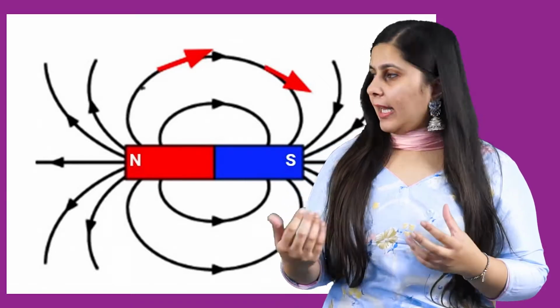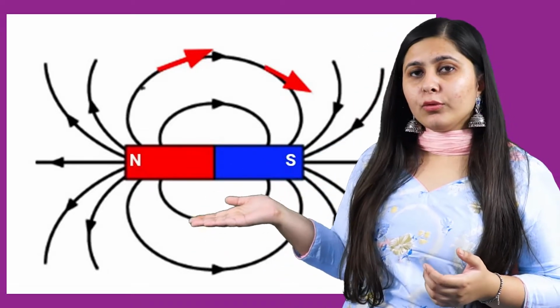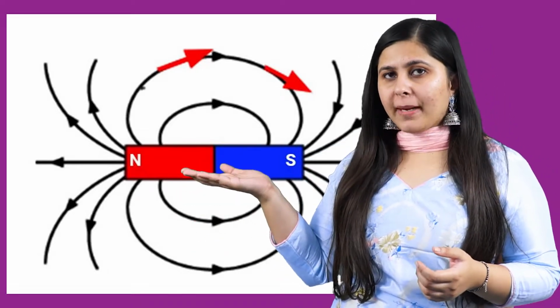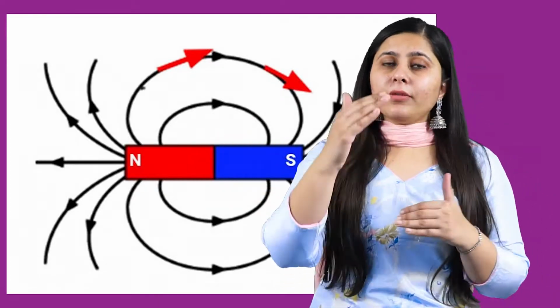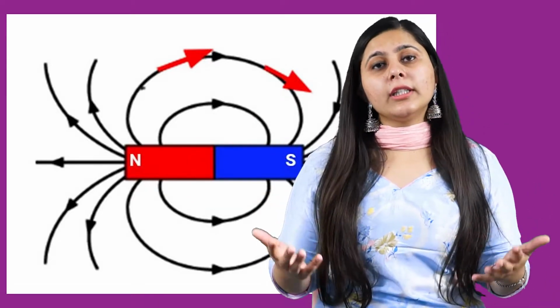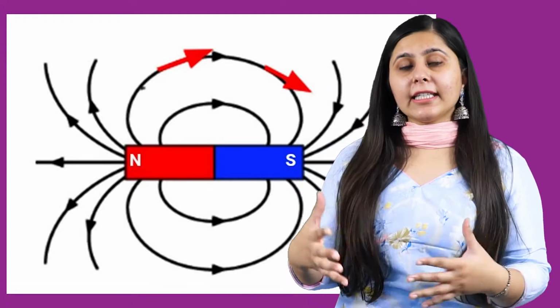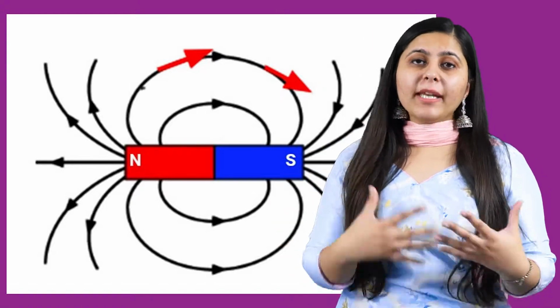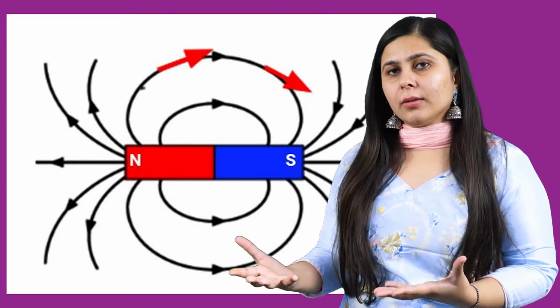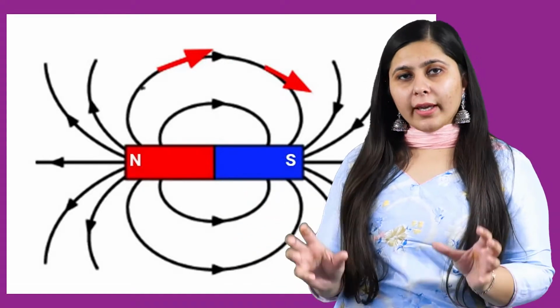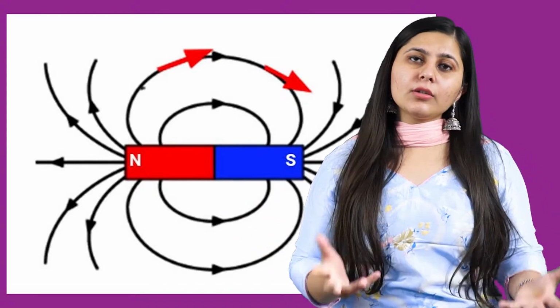And as you can see, when we move a bit upper from the bar magnet, the lines are far apart from each other, so the magnetic field is getting weaker. Here the magnetic field is not so strong.